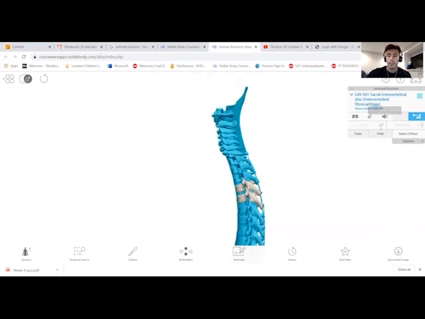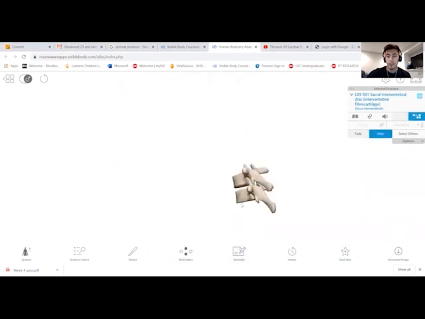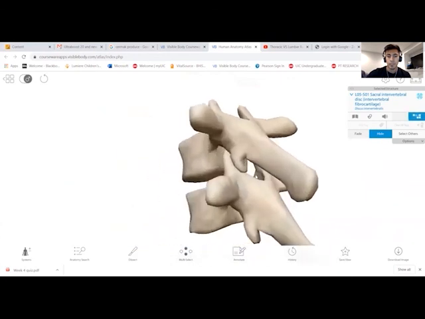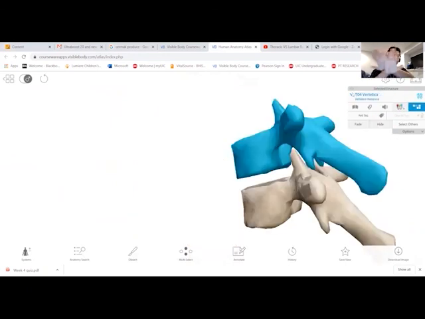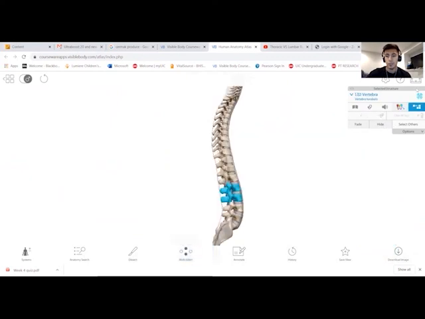Looking at two thoracics, we do see that these articular processes also stack on top of each other in a way that they will slide past one another, but they will prevent going too far past one another. Now, because these two are stacked on top of each other, that does allow for more range of motion, compared to the lumbar vertebrae.